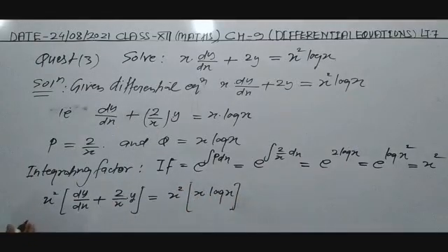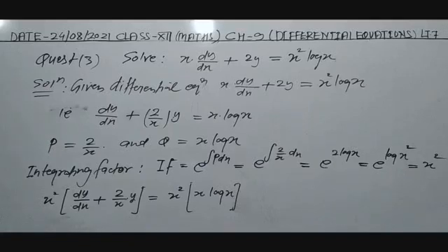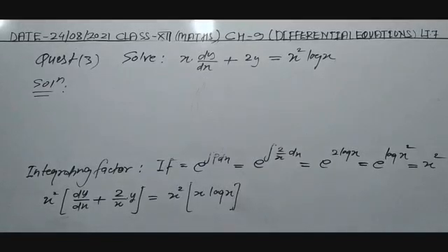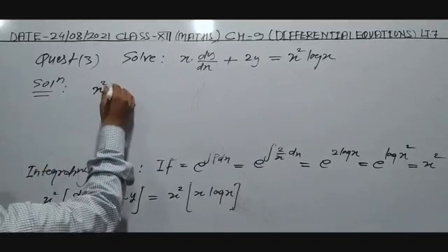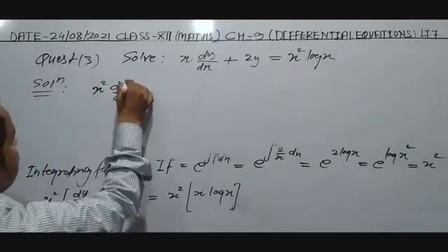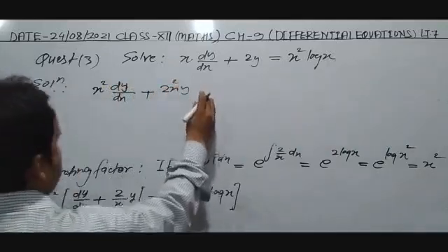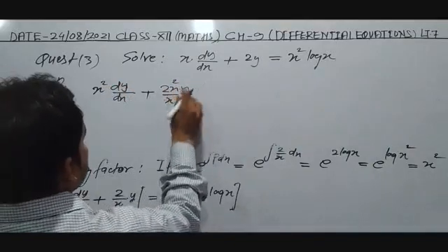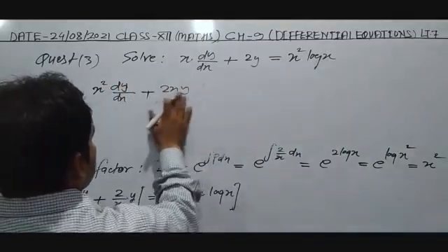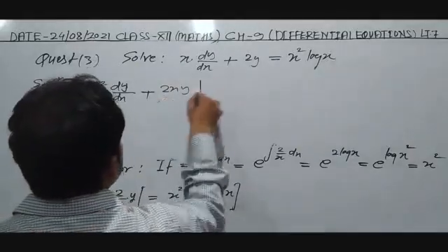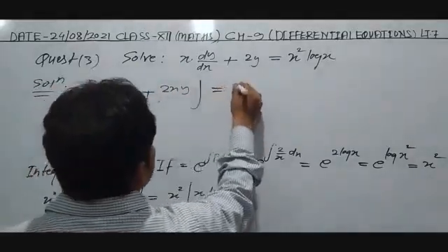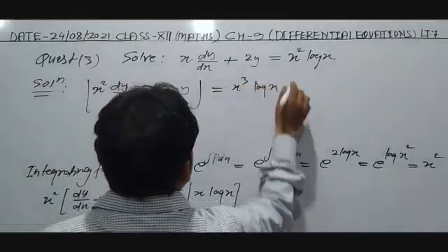Now you will see this result is x square dy by dx plus 2x square y by x, meaning 2xy will be here, bracket closed, is equal to x cube log of x.